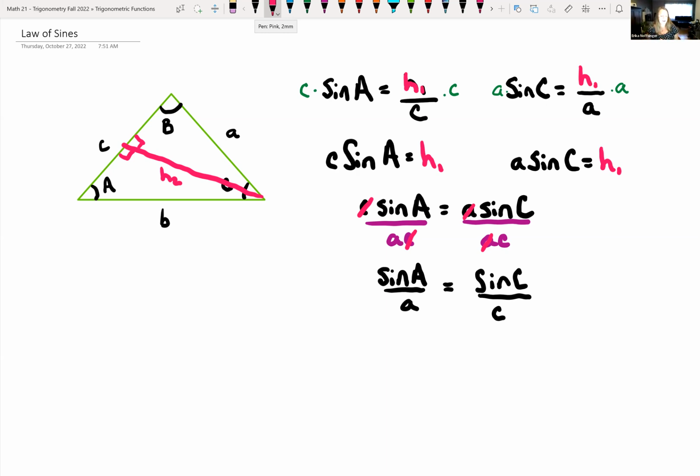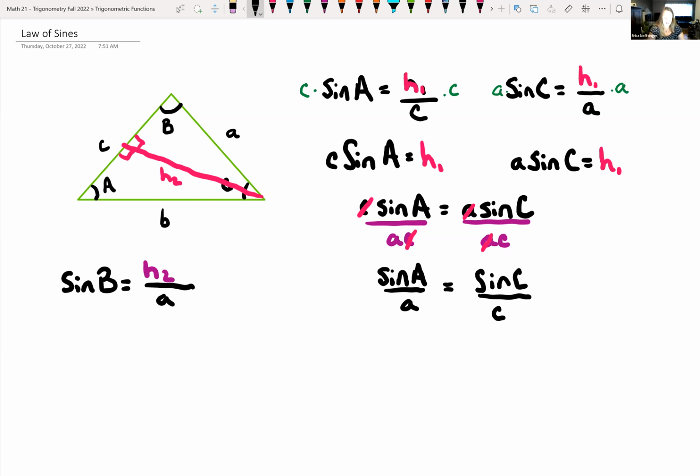Okay, so from angle B, the opposite would be h2, and the hypotenuse is going to be side a. So sine of angle B is equal to the opposite, which in this case is h2, all over the hypotenuse, which is a. So looking at the other angle we know, sine of A, we can do the same thing.